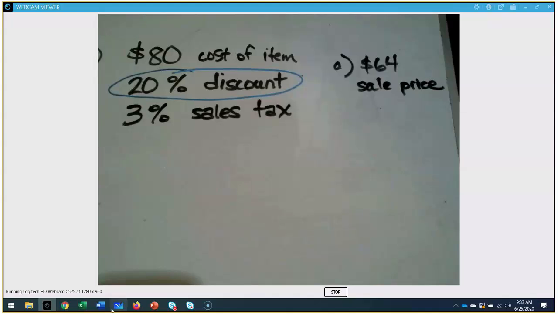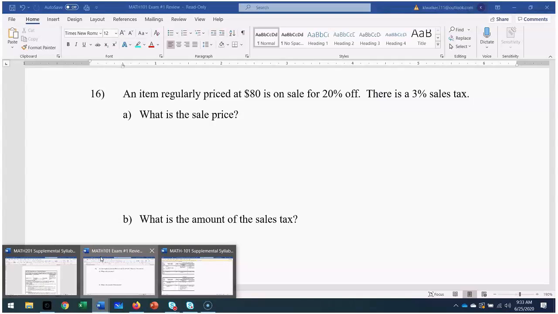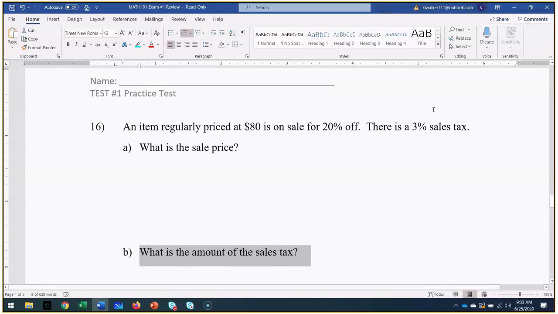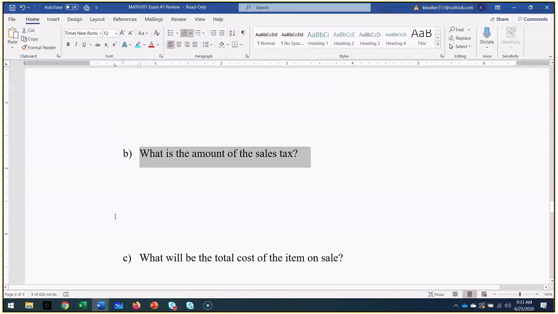All right, for part B, they want to know what is the amount of sales tax. So now we can pull that 3% in that we haven't used yet because now they're asking for how much tax. So I'm going to still keep with my percent proportion, which is my part over the whole and the percent over 100.